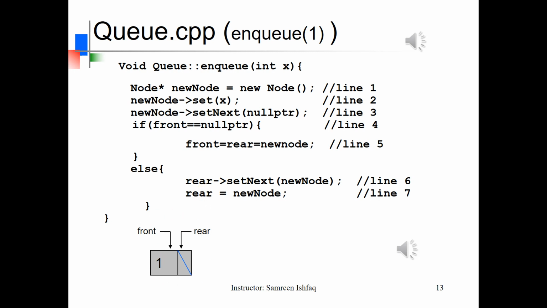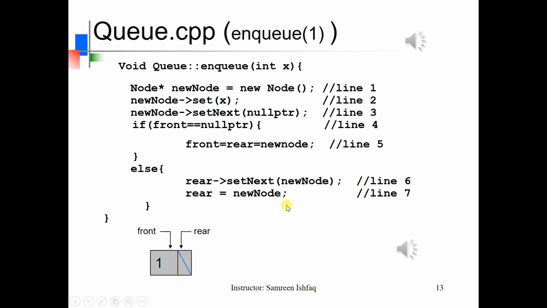And what if user wants to enqueue 7? We know that a new element will always be inserted at the rear end. So what we're going to do, the newly created node that is 7 is set as the next node of the node currently pointed by the rear. So rear set next new node.